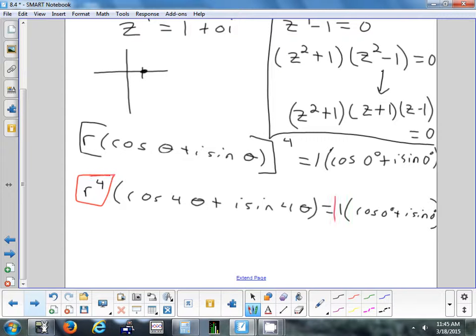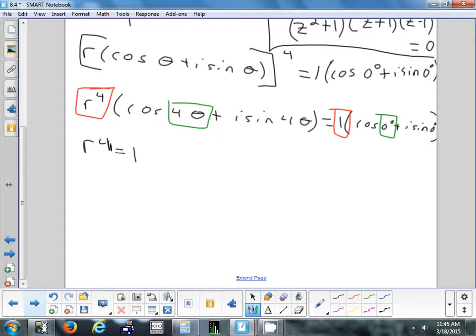That has to be the same as that. So you got to find a value for r that makes that happen. And this has to be the same as that. So r to the 4th equals 1.